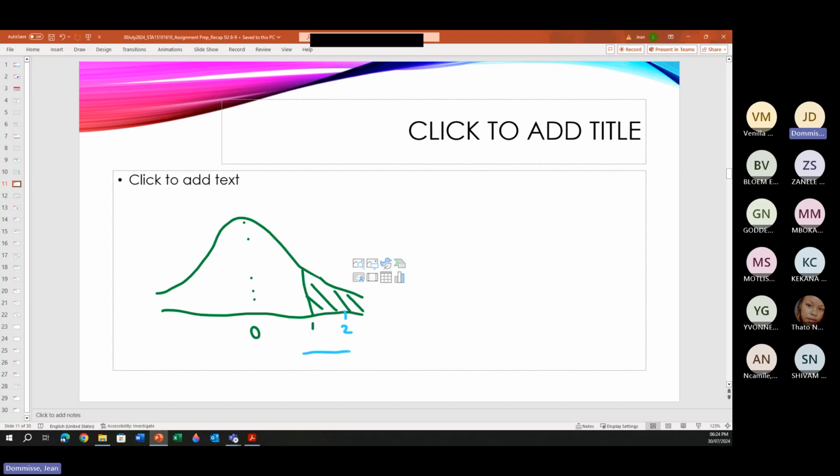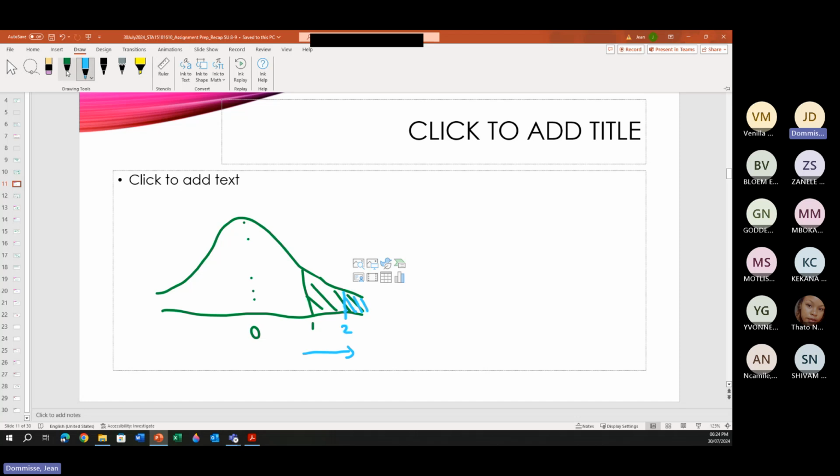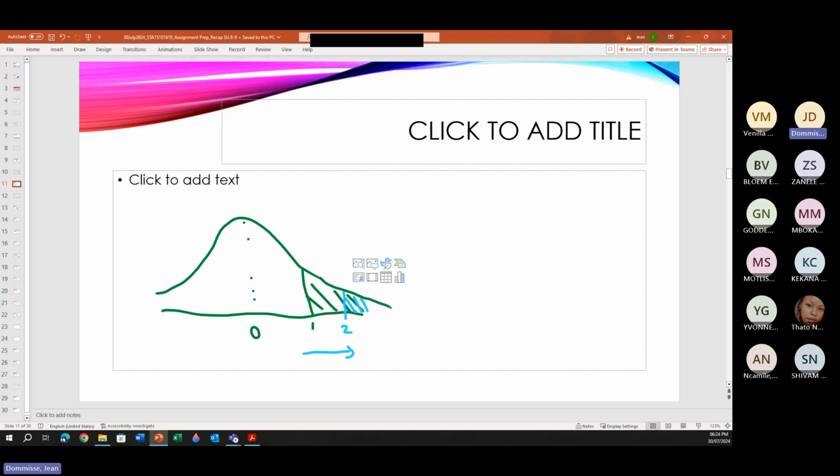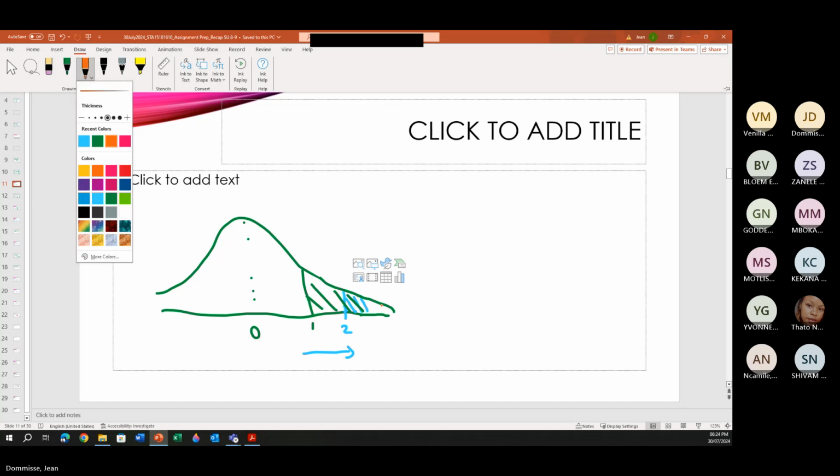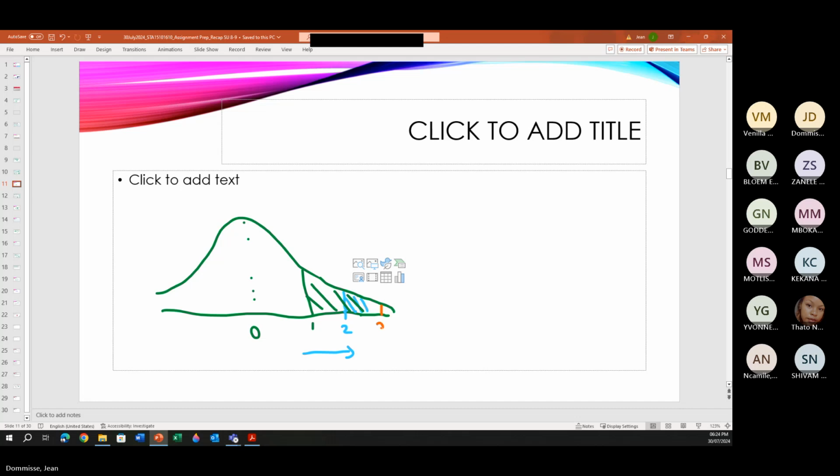So your Z becomes bigger, but then that area that is left becomes smaller. And if you then even have a value of Z3, your p-value is even smaller.